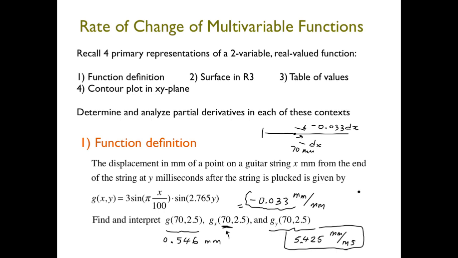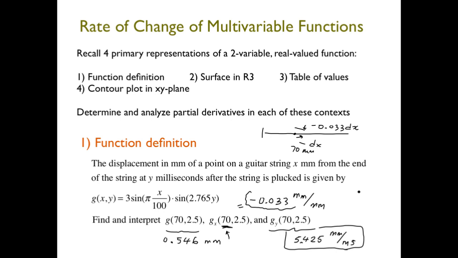He said for any change in milliseconds, the change in millimeters. What change in millimeters is that talking about? Up and down, right? On that point at 70, the change in displacement would be 5.425 times that change in milliseconds.